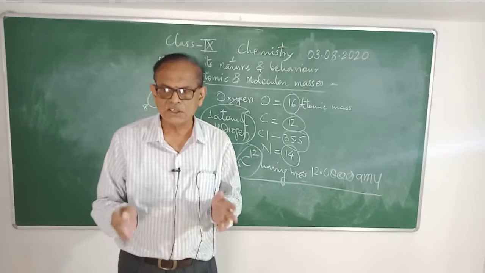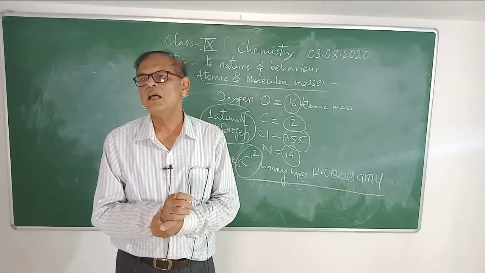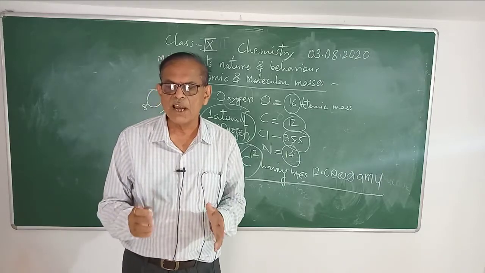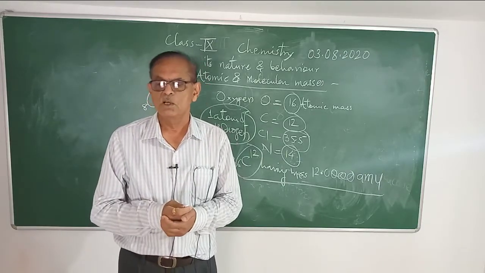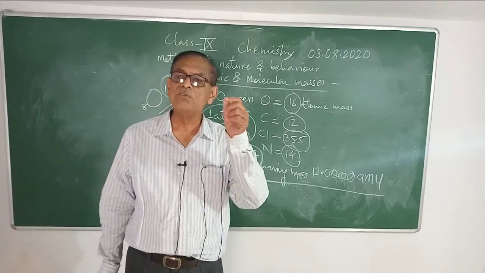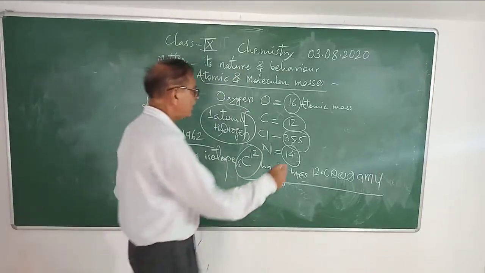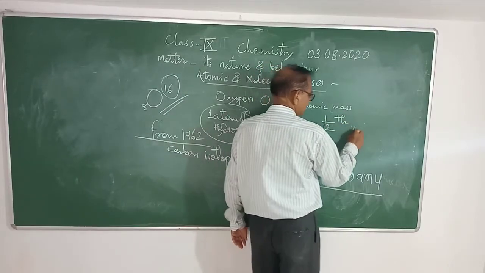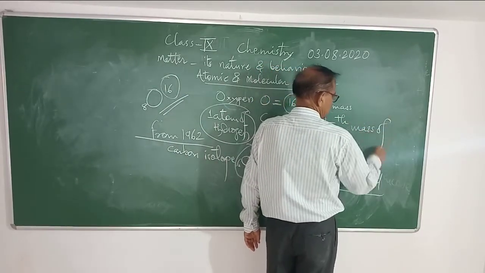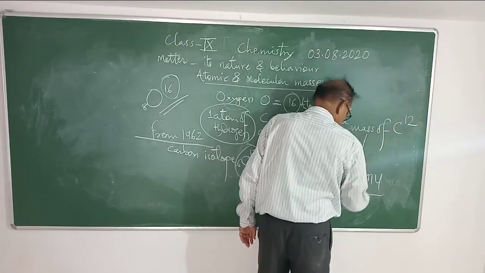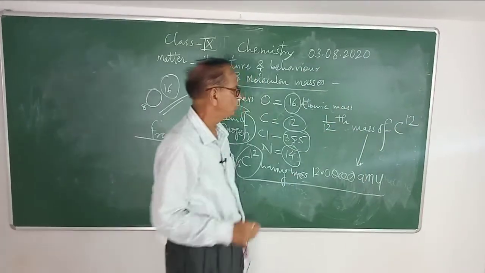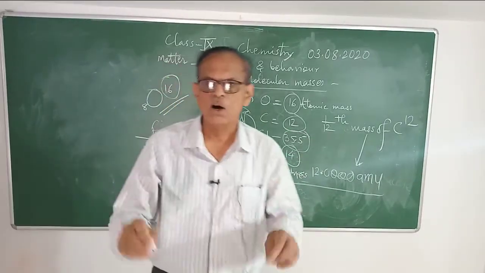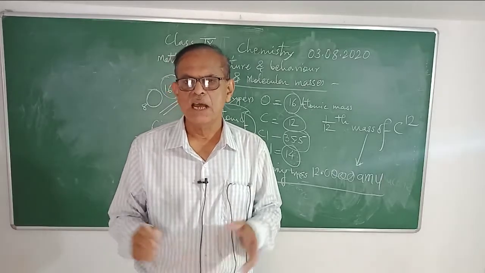By taking the C12 isotope, it is the ratio of the mass of one atom of the given element to the 1/12 mass of C12, having mass 12.000 atomic mass unit. And in this way we can obtain the atomic mass.